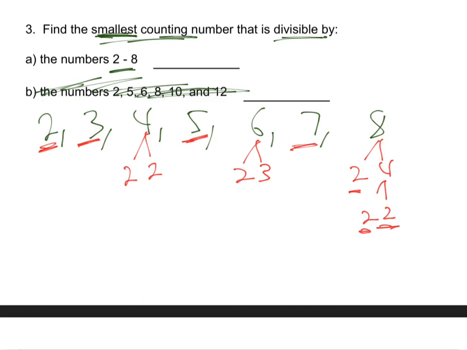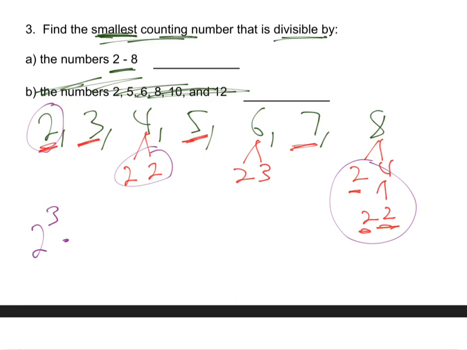So let's do it. I need to have some 2s. How many 2s do I need to have? Well, you don't need all the numbers to go in at once. You just need them to be in there one at a time. So we need at least 1 2. We need at least 2 2s. We need at least 3 2s. You need 2 to the third. Does that make sense? I'm trying to build the smallest thing that these numbers will go into.